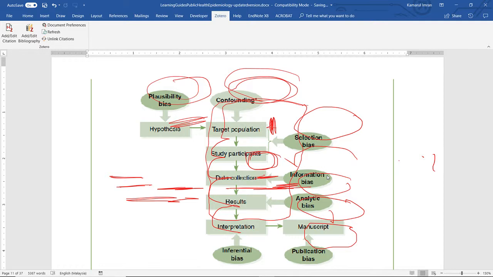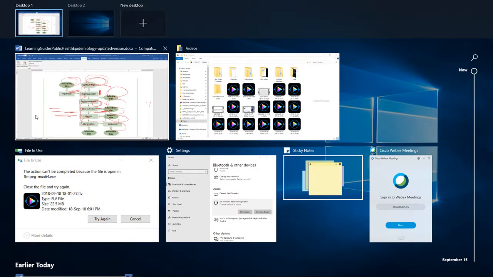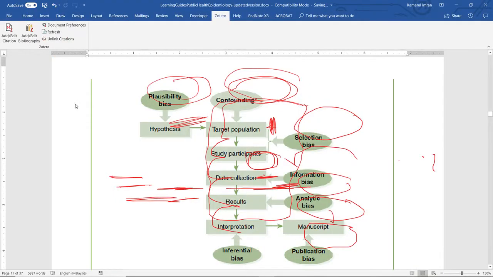Lack of validity, or biases. In the next lecture I will talk about confounding, or non-causal association. I hope you can read the relevant chapters in Epidemiology Beyond the Basics, and I know it is a difficult text.